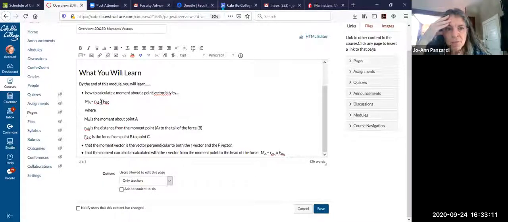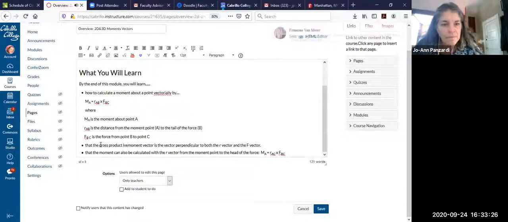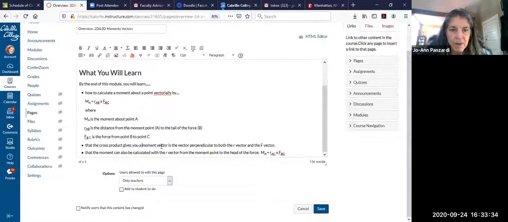When you say R cross F, when you use the cross product, it gives you a moment vector, which is the vector perpendicular to both the R and the F vector. You already know that, right?